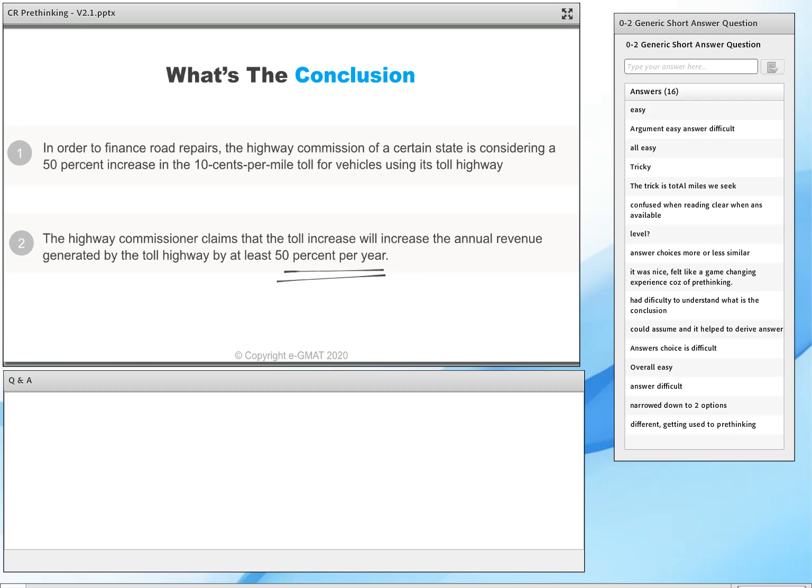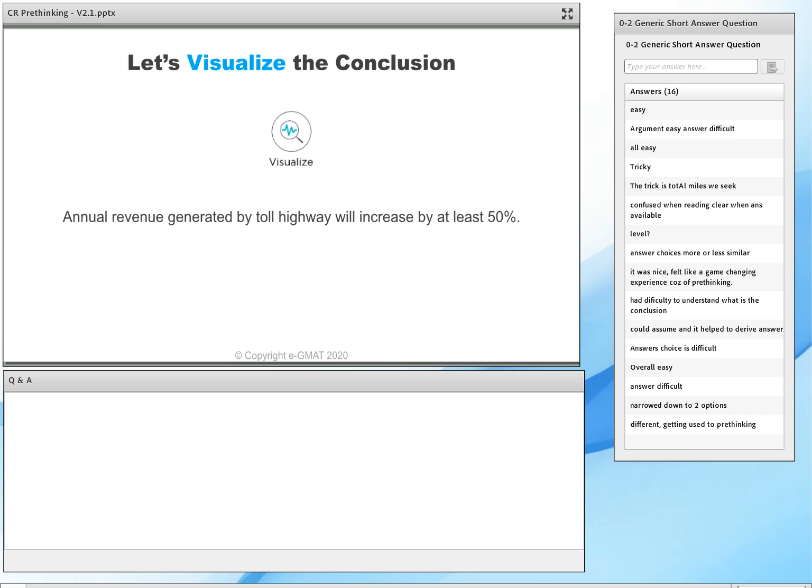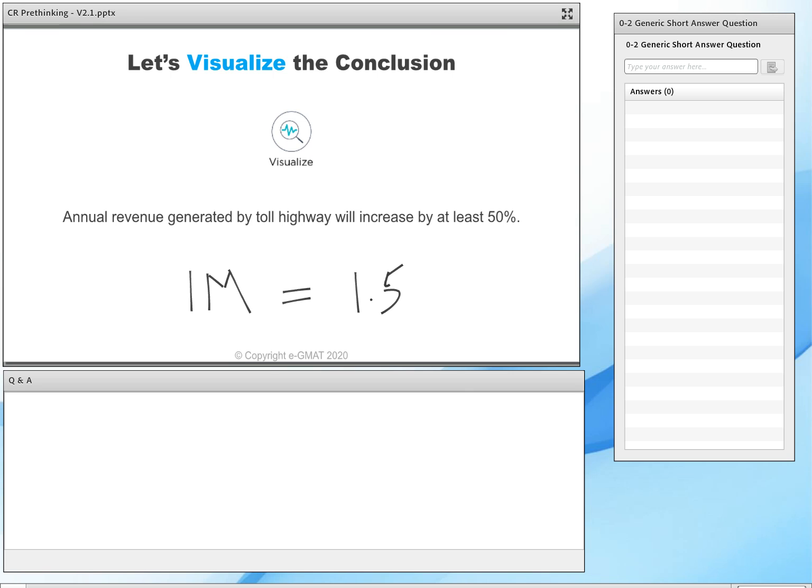So if you visualize this conclusion, if last year our revenue was $1 million, then this year our revenue is going to be $1.5 million. Last year it was 10, this year it's going to be 15 million. That's all that he's saying. That's my visualization of the conclusion.